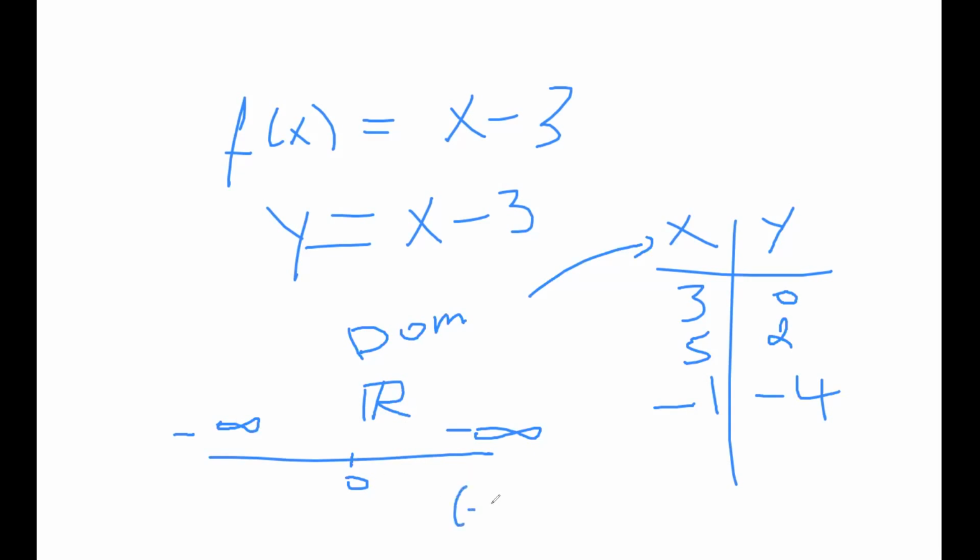We can say it goes from -infinity to +infinity. Any real number you can plug into this function and you will get a value of y back. This is what we call the domain.